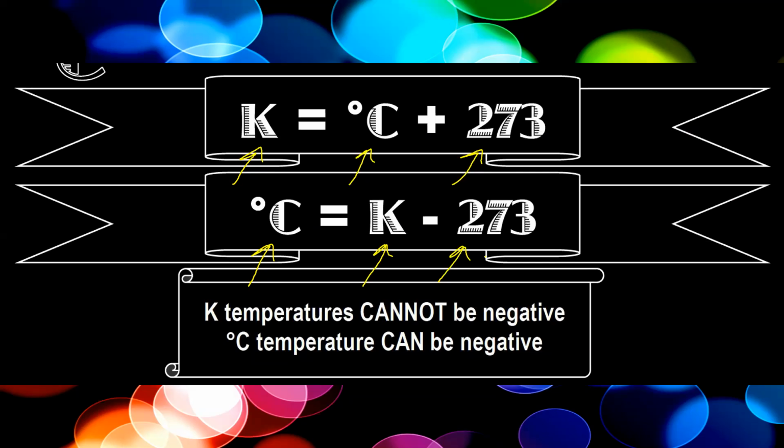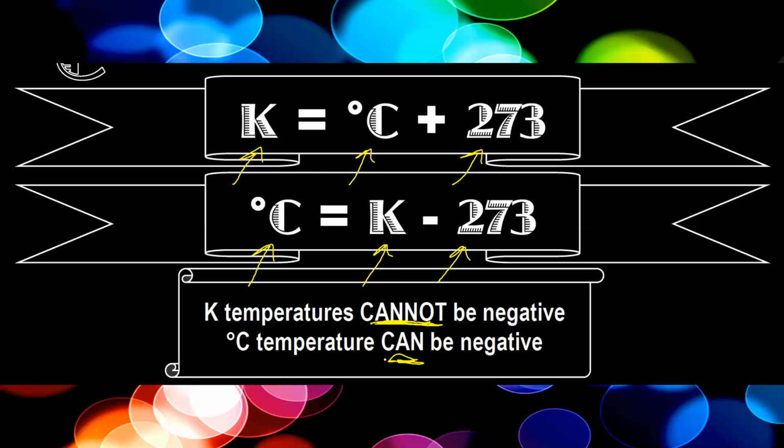Now I want to point this out, put this down here. Again, Kelvins would never go negative. So if you get a negative Kelvin, you did something incorrectly. Celsius temperatures, we know, can be negative. We had some negatives this last February during that super fun, I say that sarcastically, cold week we had in February.